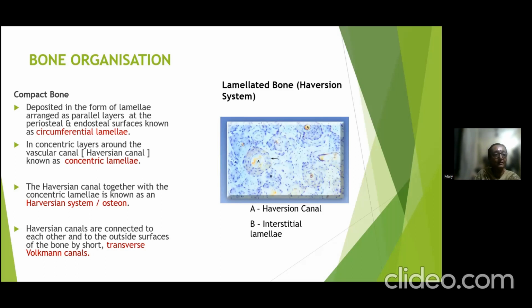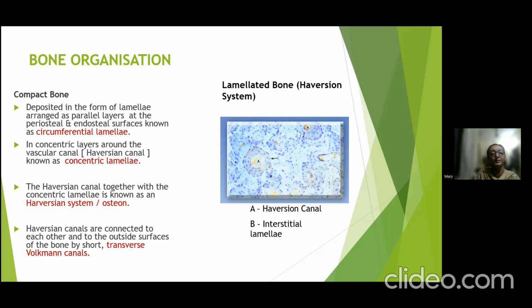Around the vascular canals, where the blood supply occurs, also known as Haversian canals, we have bone deposition in a concentric fashion. Here, the lamellae are known as concentric lamellae, and the lamellae in between these are known as interstitial lamellae. The Haversian canal, together with its concentric lamellae, is known as the Haversian system, or it can also be called an osteon.